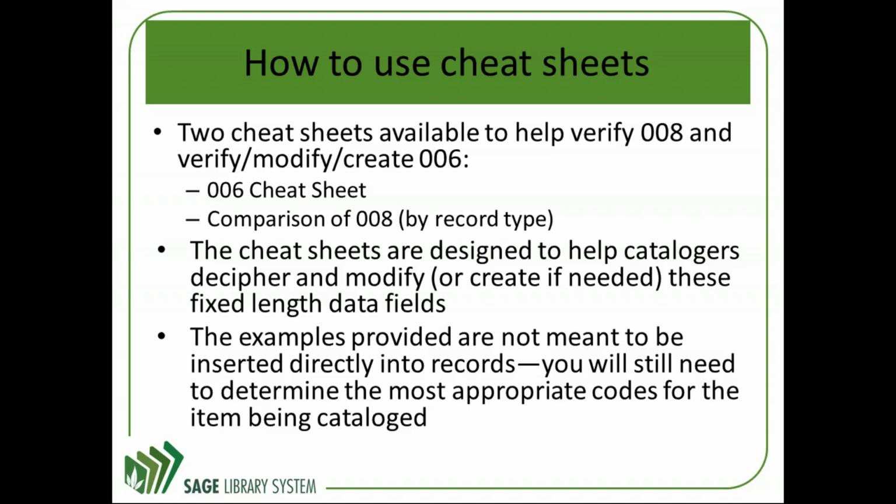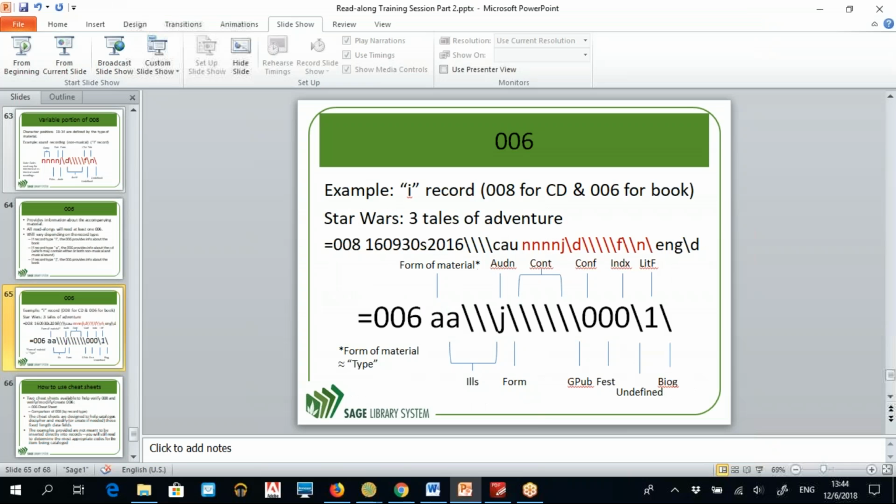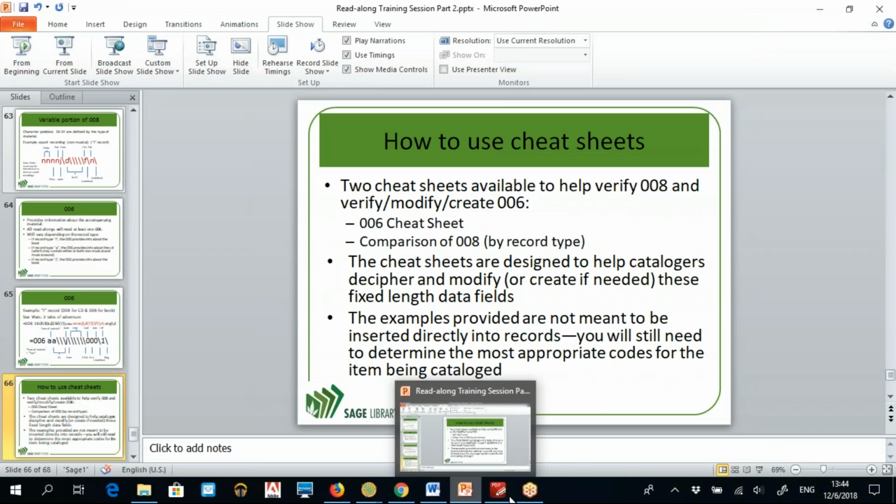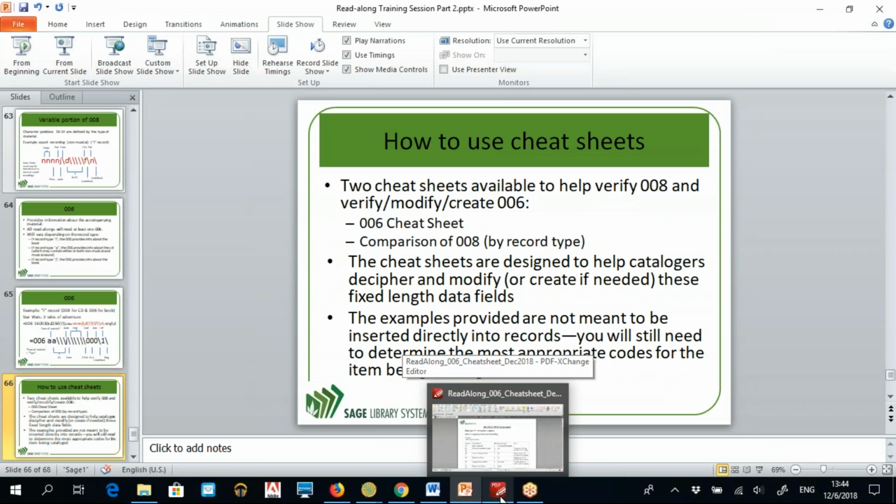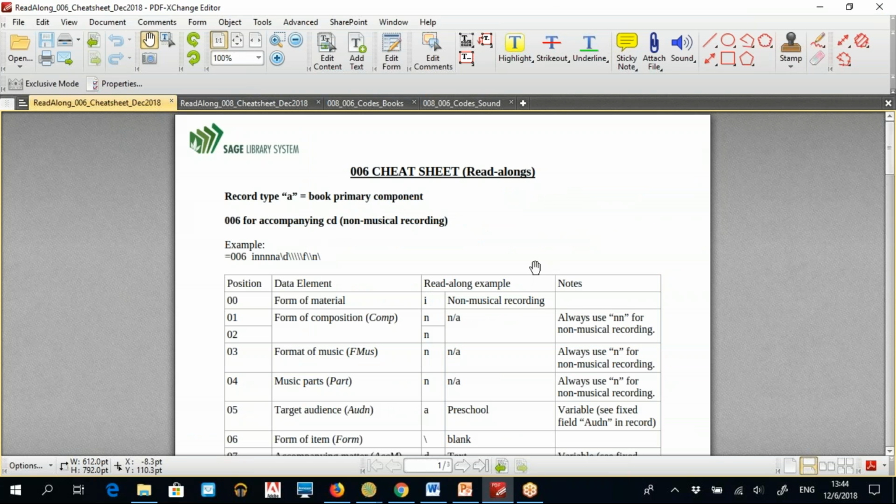You still need to actually look at the item, look at the record to make sure that the information is correct, and make modifications as needed.